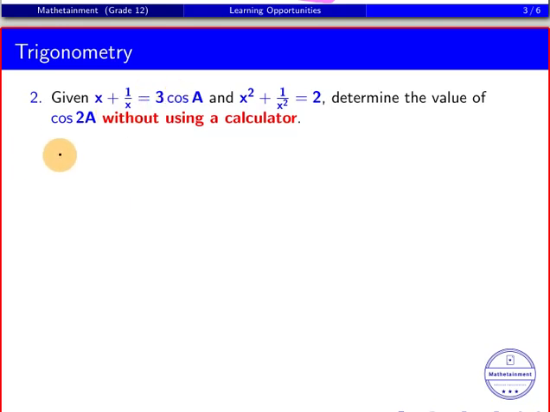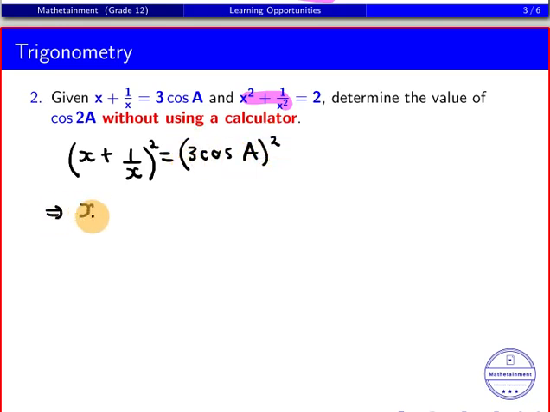Now, let's take this equation here: x plus 1 over x being equal to 3 cos a. From this equation, if I square both sides, I think I can get these terms over here on the left-hand side. So let me square both sides.